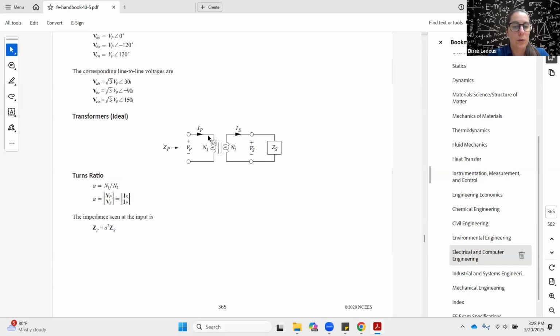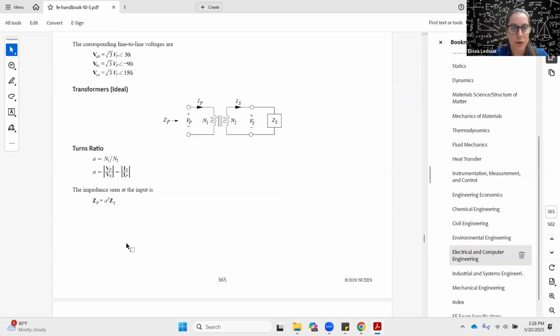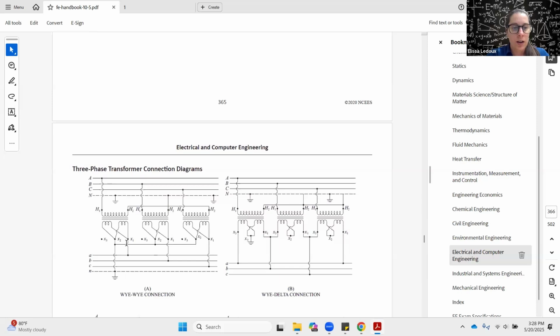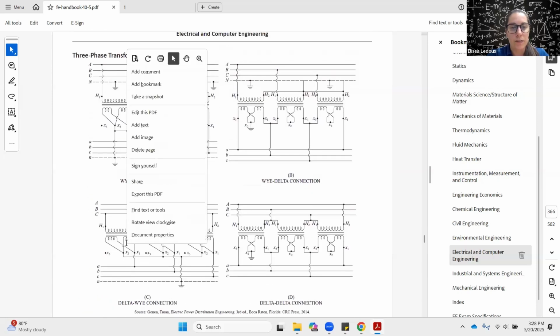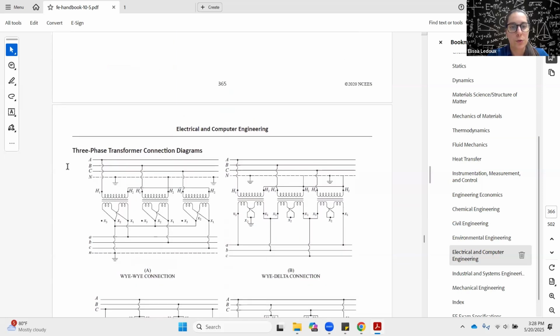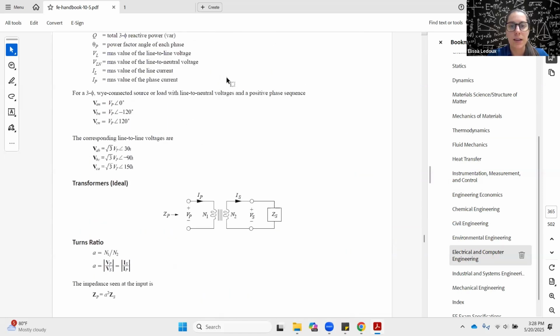So if you have a high transformer ratio, then it's going to make it seem like an extra resistive circuit, the higher that ratio is. There is more stuff here, but probably this is as far as you would need to go for the other disciplines exam.